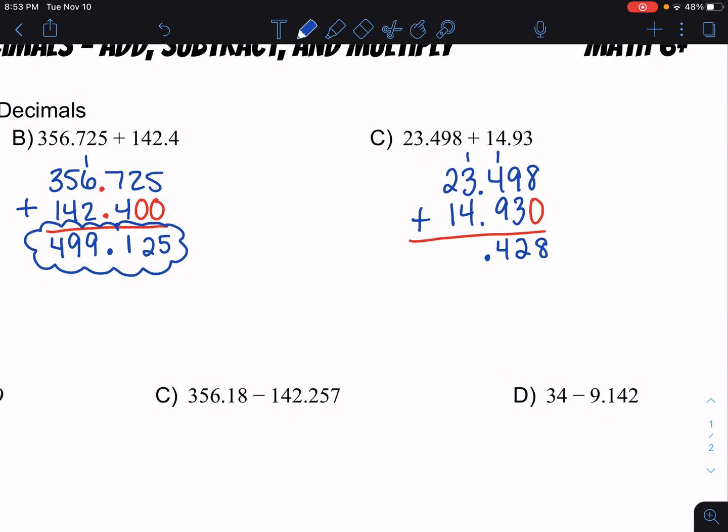I carry the 1. I'm going to bring my decimal down, so they should all be lined up. 4 plus 3 is 7, plus 1 more is 8, and then 2 plus 1 is 3. So the answer to my addition problem here is 38.428.